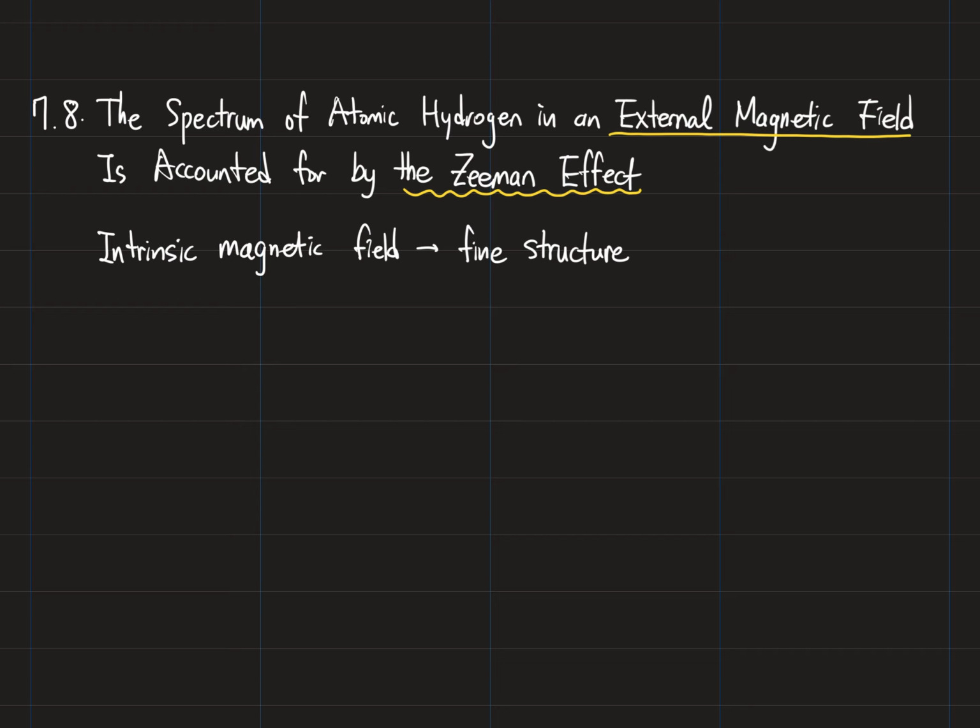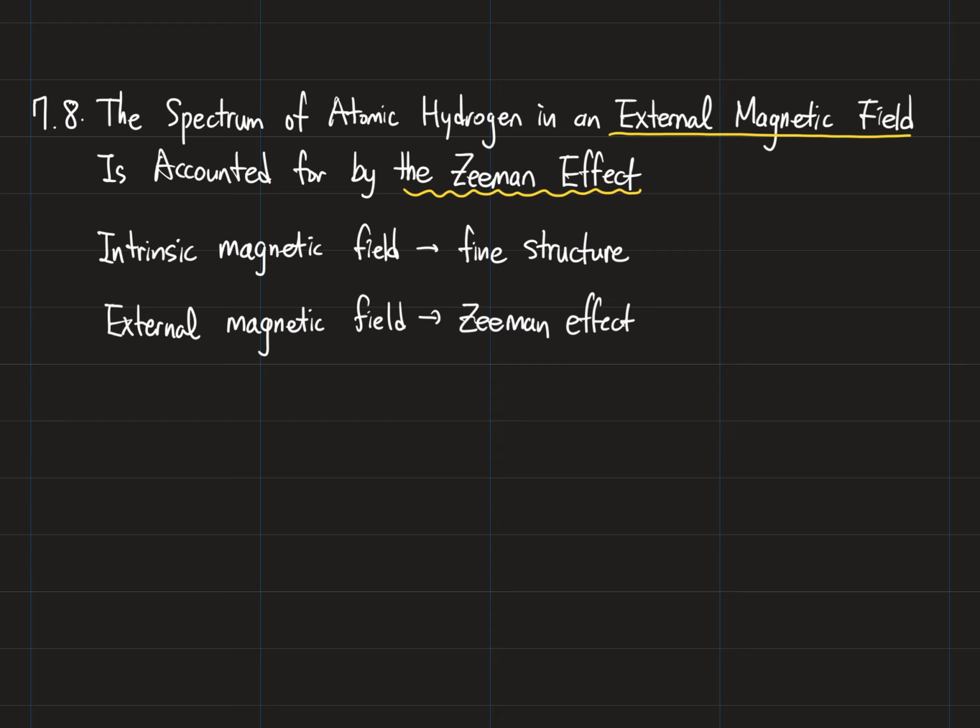So now we ask, what happens if we place the hydrogen atom inside a strong external magnetic field? This phenomenon is called the Zeeman effect.